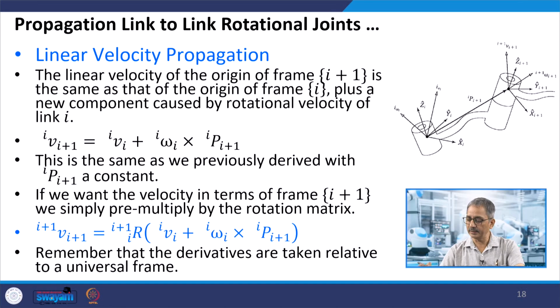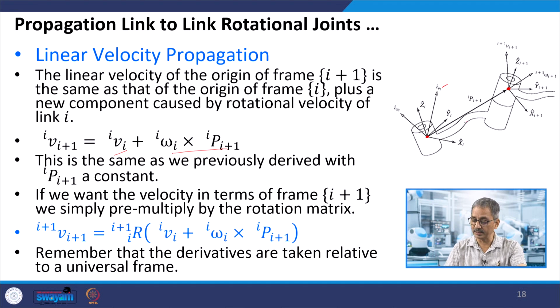In order to see the linear velocity propagation, as I said, linear velocity is always associated with a point. So, when I am talking about linear velocity of the I plus 1th link, essentially I am talking about the linear velocity of this point, the origin of the I plus 1th link. So, this linear velocity of this point is going to be what? Linear velocity of this point, that is Vi^i, of the ith link plus this omega cross r component.